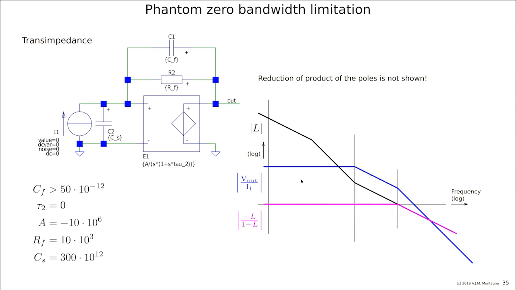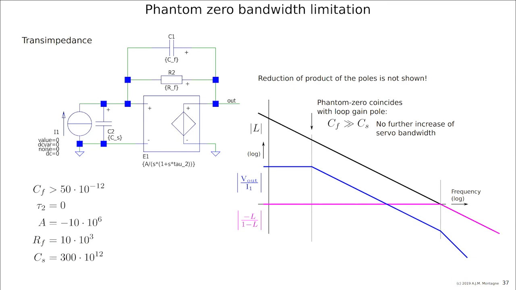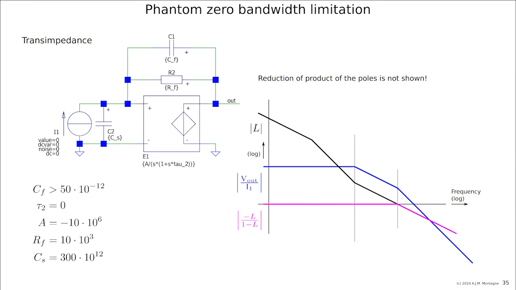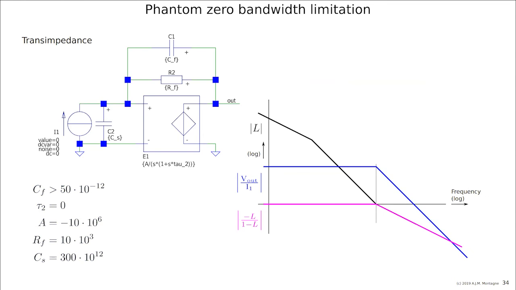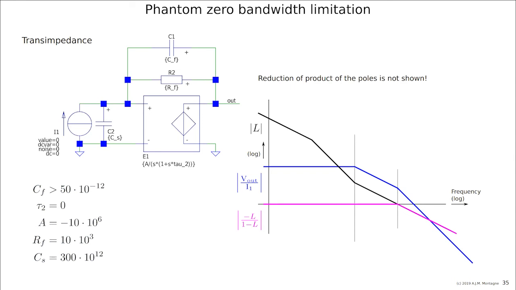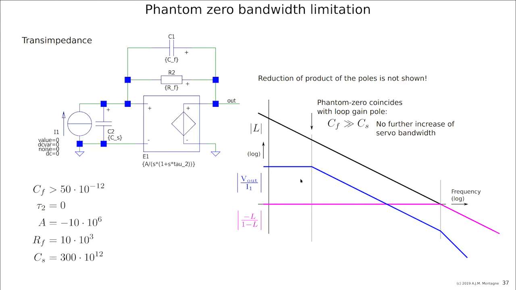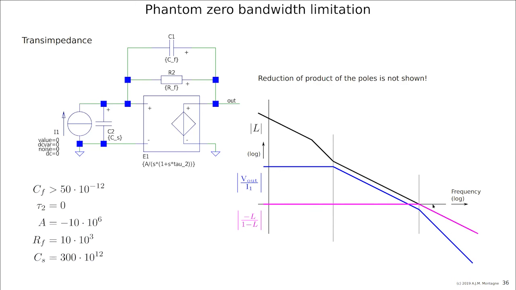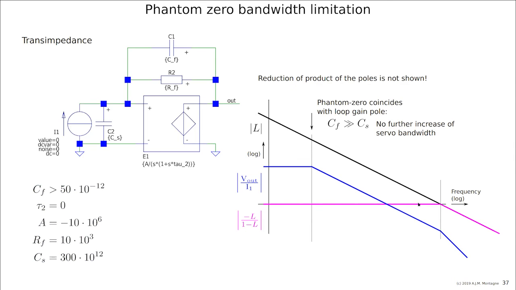So I hope this fully explains what is happening with bandwidth limitation. But look, you see the increase of the servo function. Now imagine that I position a third pole somewhere, let's say between this step and the previous step, then the third pole would in the last step become part of the dominant group.